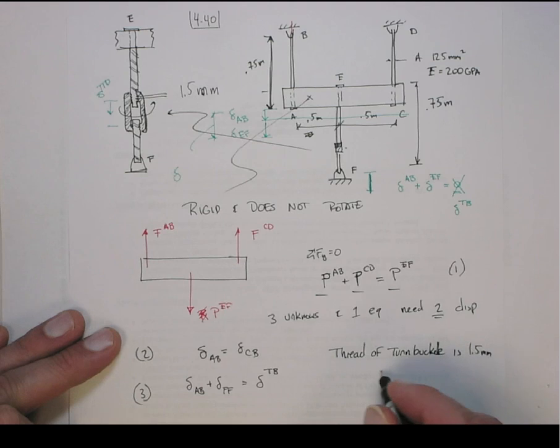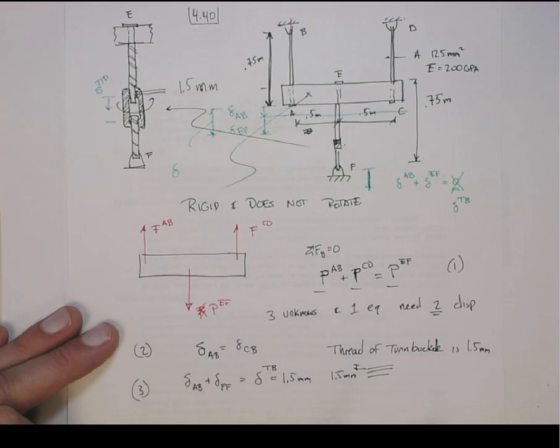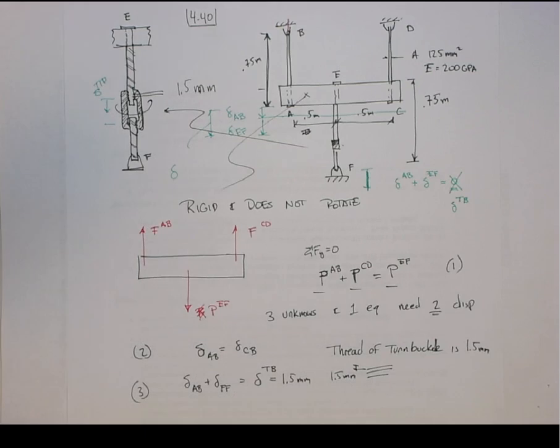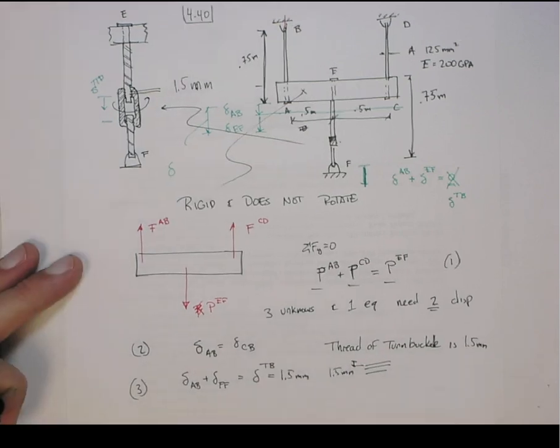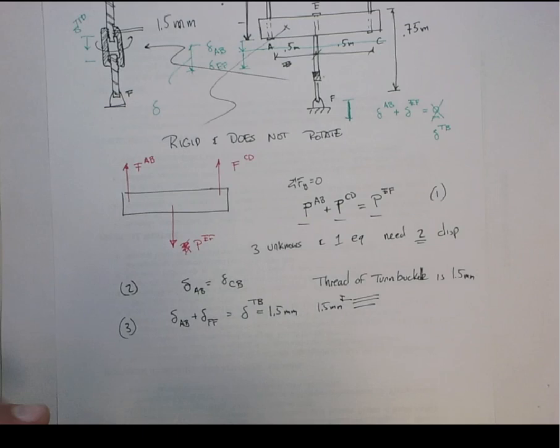So if you look at the thread, each thread comes down. In one turn, it'll drop down 1.5 millimeters. You turn it once, that means the total elongation of the system has to change by 1.5 millimeters. If you do it twice, it would be 3. If you turn it the other way, you'd be having to compress them, so this would be a negative number, okay?